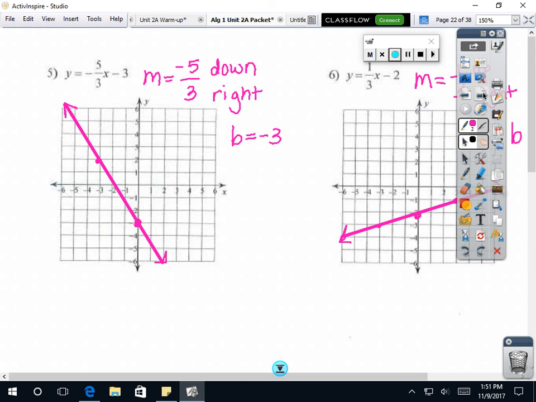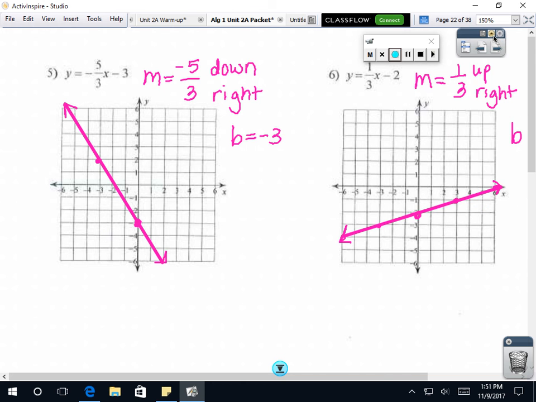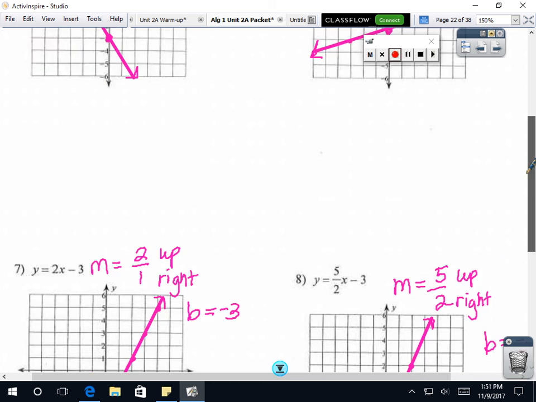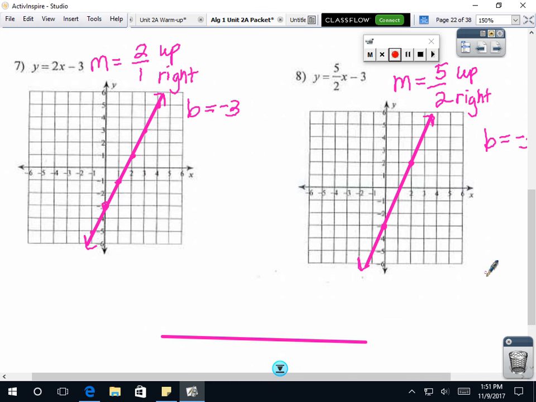For page 21, so you can see if you did it right. That's what your line should look like on numbers 5 and 6. Okay, and then this is what your line should look like on 7 and 8. Out of those two, which line's steeper?